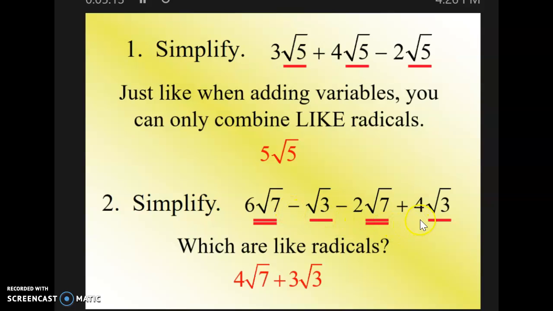So negative 1 plus 4 is a positive 3, and again, we keep the same radicals. And then this is simplified. So these 4 terms simplify to these 2 terms. Again, you're combining the like radicals, the ones that have the same number under the radical.